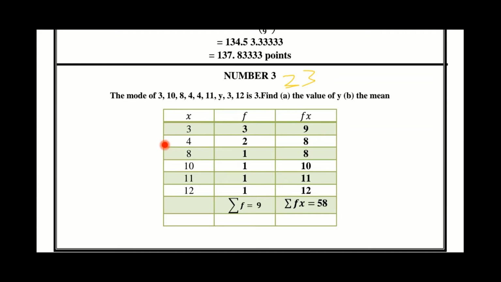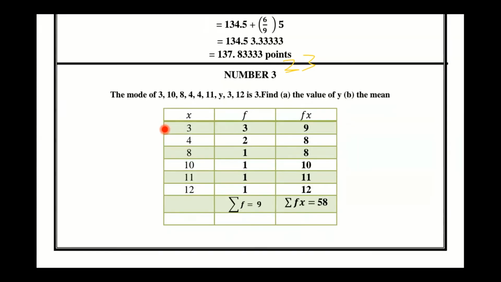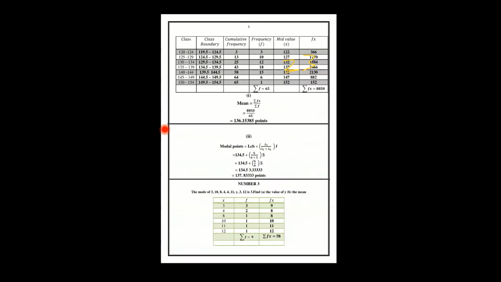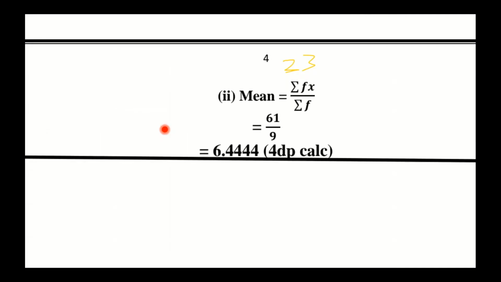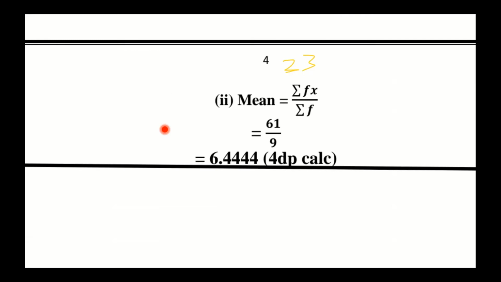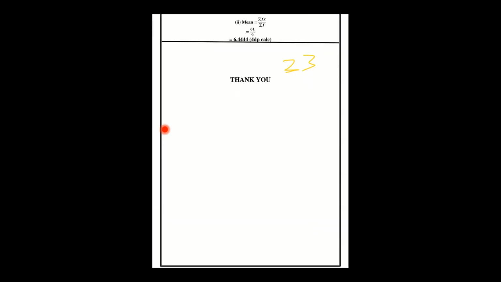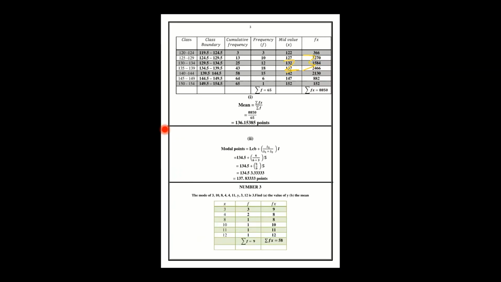On part B, they're telling us to find the mean. In the frequency table, I'll have values of x, where I will have the values given: 3, 4, 8, 10, 11, and 12.